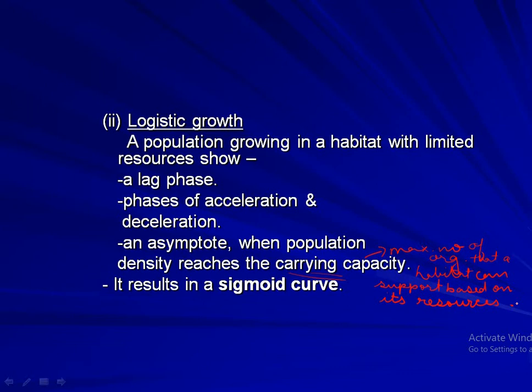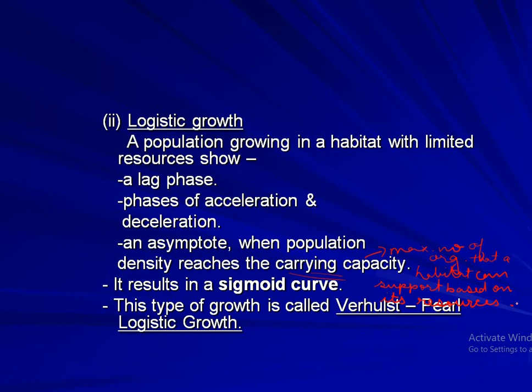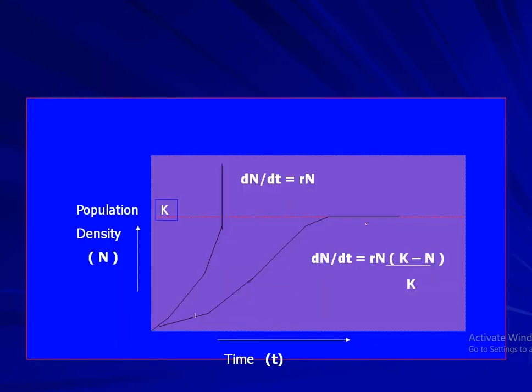So when we talk of logistic growth, this is how the growth happens. You can see here, this is the curve formed by logistic growth. Here, the population increases with time. As the time increases, the population also increases.